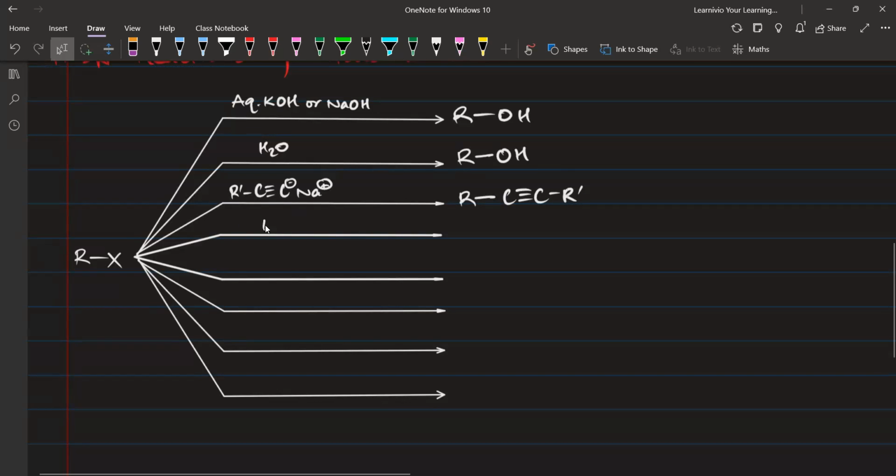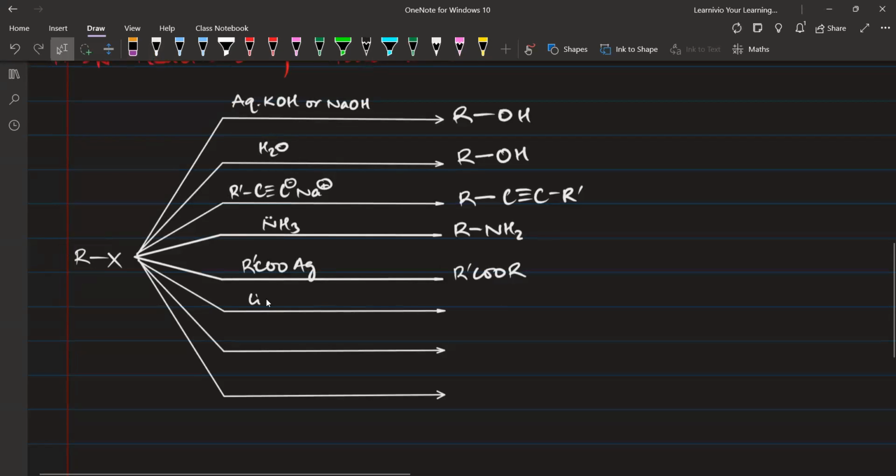Then if you have ammonia NH3, then ammonia has lone pair and this lone pair attacks and you will get RNH2. If you have R dash COOAg, then COO is O negative, and you will get R dash COOR. This Ag will be replaced by R, this R from the haloalkane.